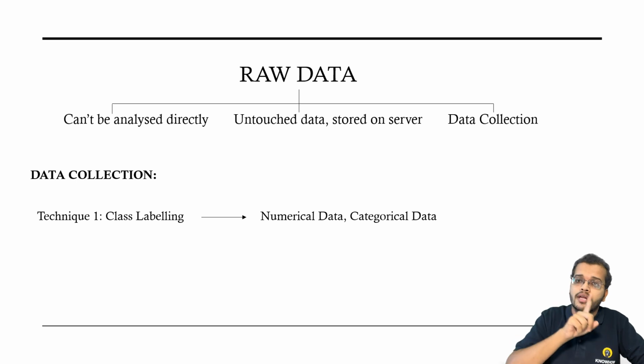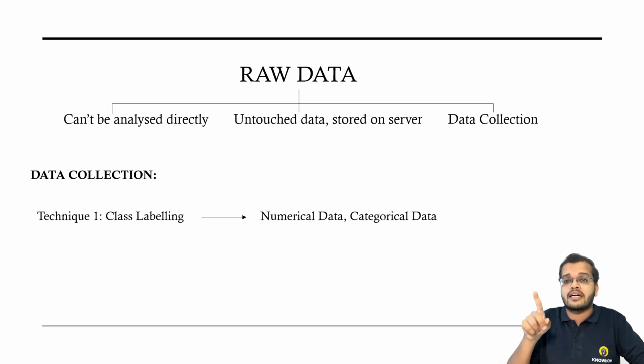The numerical data can be modified and manipulated, but the categorical data cannot be manipulated. Let me give you a small example. At the end of these slides, I'll show you one simple example.